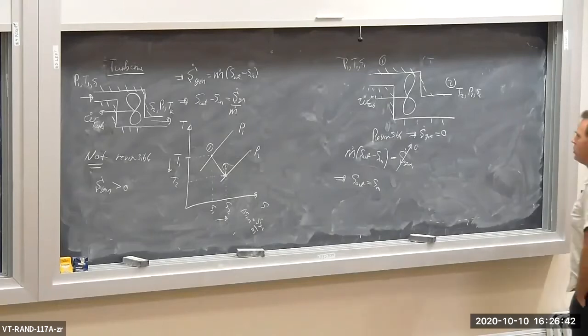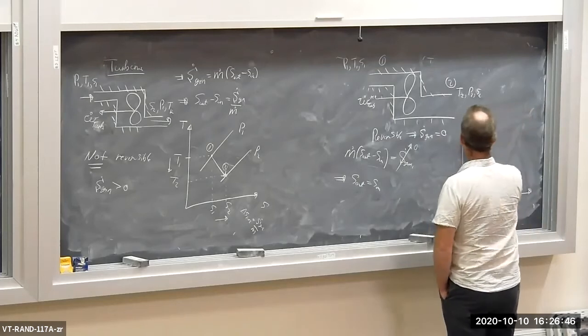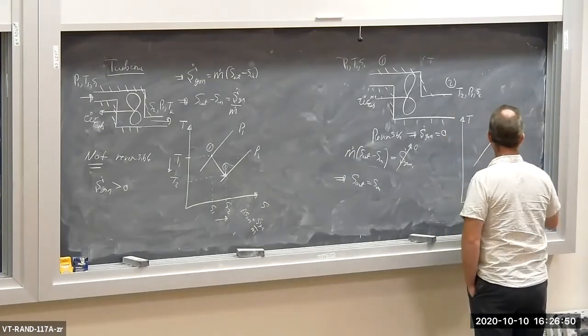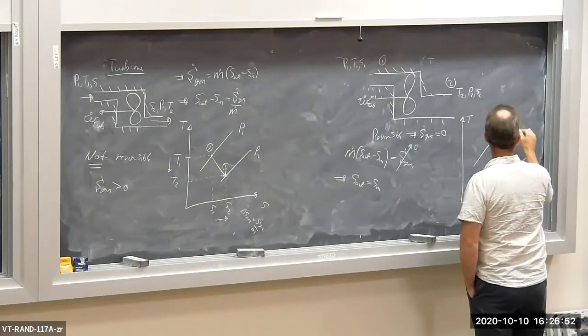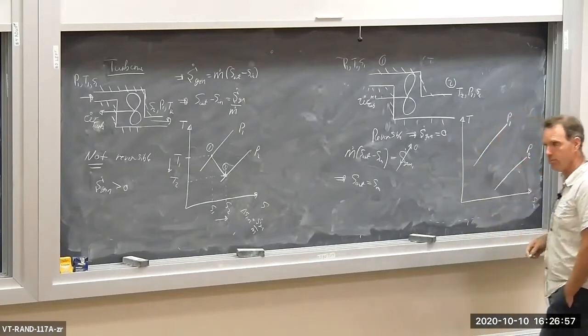So on the TS diagram for the reversible turbine, here's our two isobars here. P1 and P2 are the same as for my regular device.